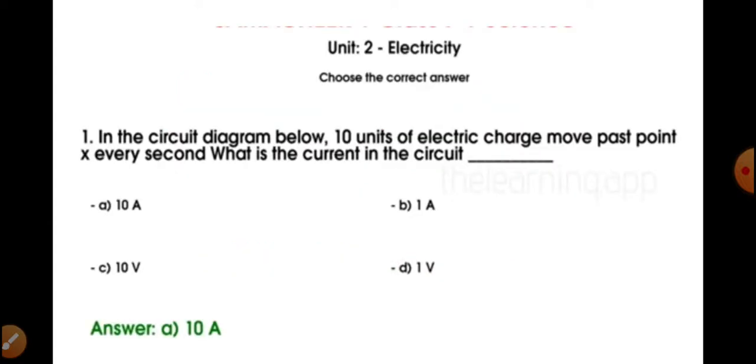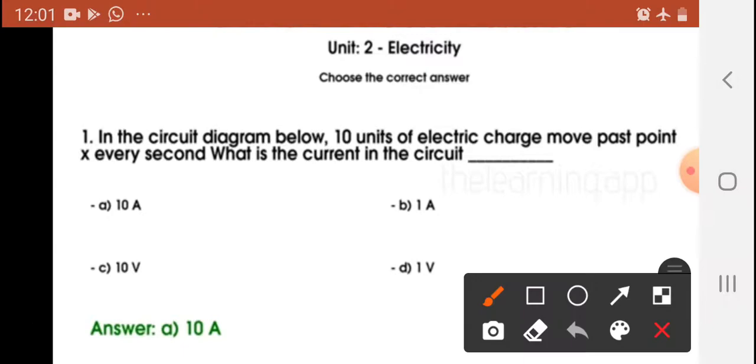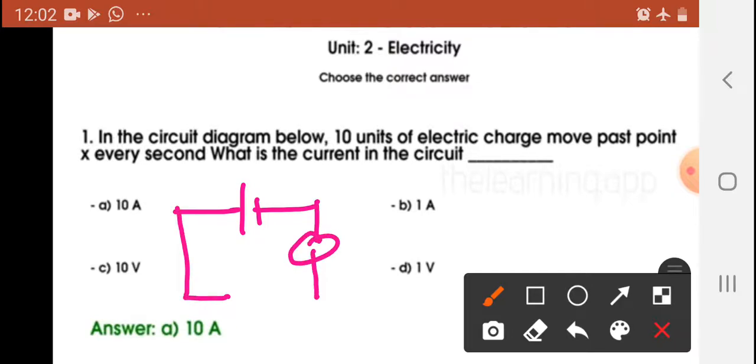First, Roman letter one, choose the correct answer. In the circuit diagram given below, we connected the battery and ammeter, and here we can connect devices. This is the ammeter, and current flows through it.